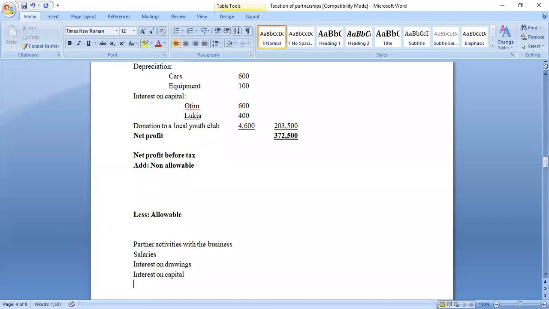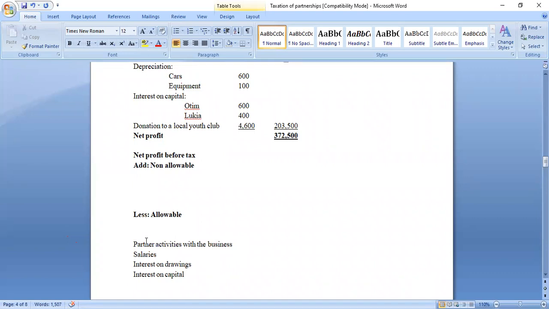These partner activities are supposed to first be removed so that you officially have business income. Then when you have business income, you come and deal with partner activities. I don't know why they normally do that, but that's the format. You first remove the partner activities, have profit before partner activities, and then you deduct partner activities according to the deed and the act.